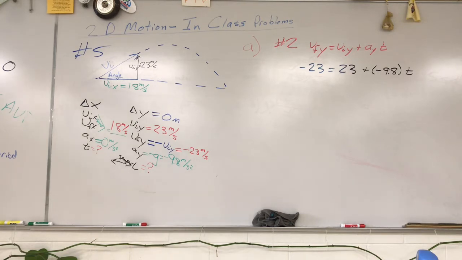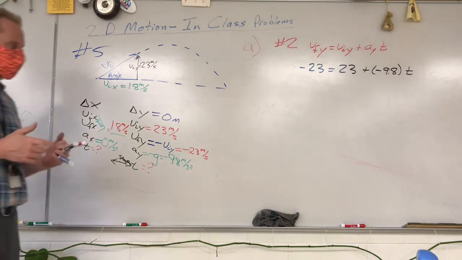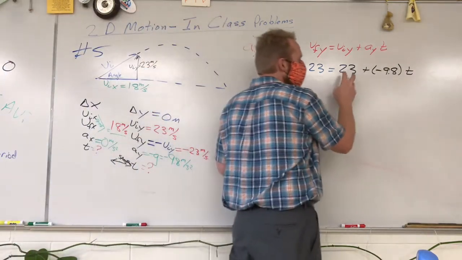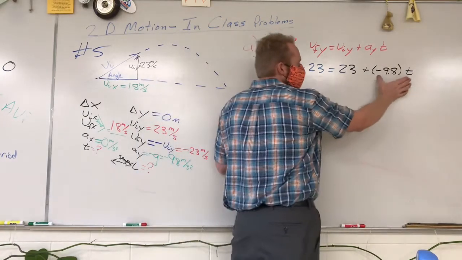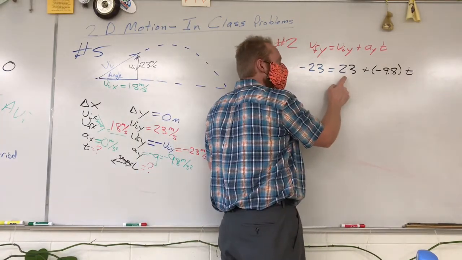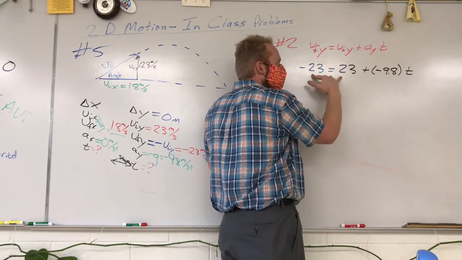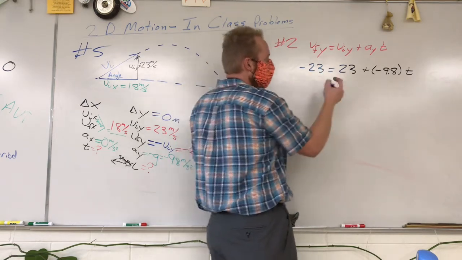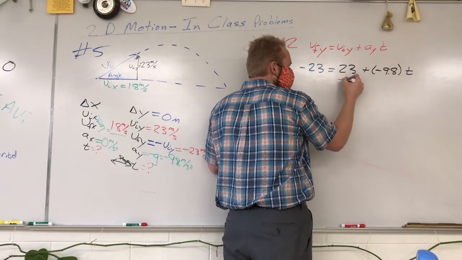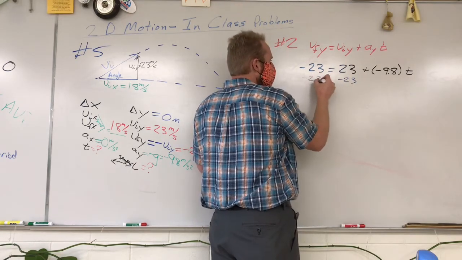AY is negative 9.8. So most people say, well, I got to get rid of this 23. So the common mistake, people see this and say positive 23 and a negative 23, those cancel each other out. And they don't. Because in order to get this over here, we have to subtract 23.